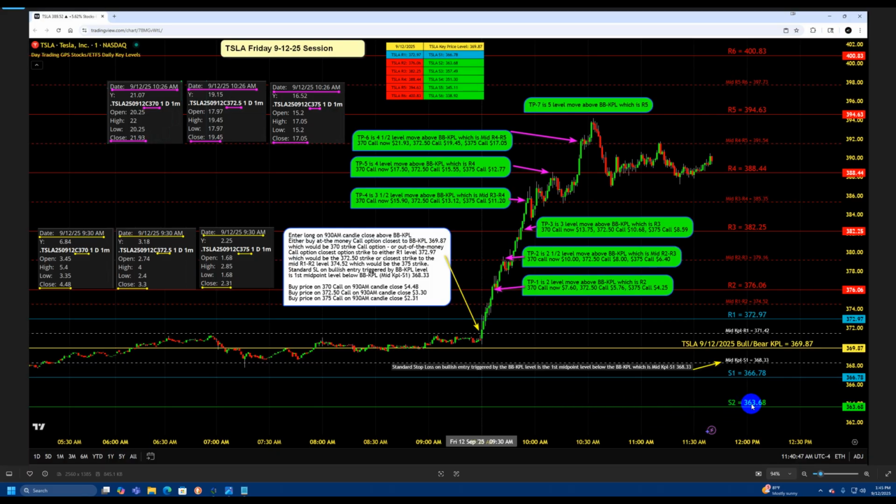You would have either an at the money call closest to this price, or you would pick an out of the money call one level above or 1.5 level above, and you would pick the closest strikes to those particular levels. And then your standard stop loss would be the first midpoint level below S2.